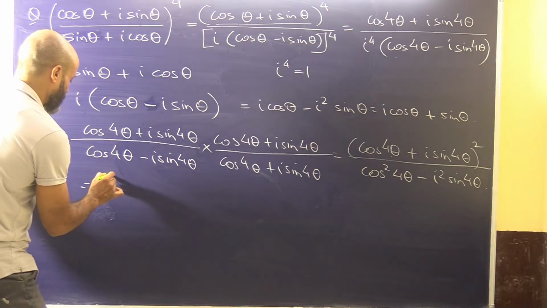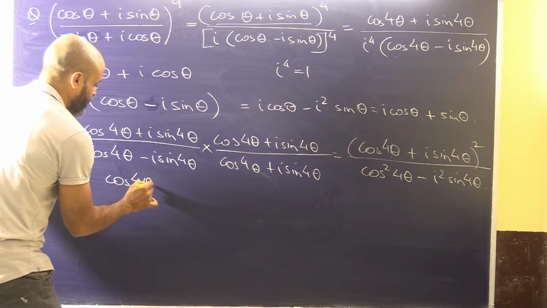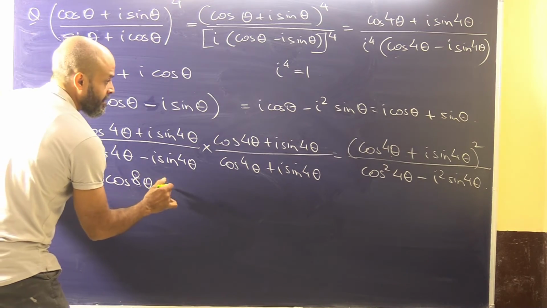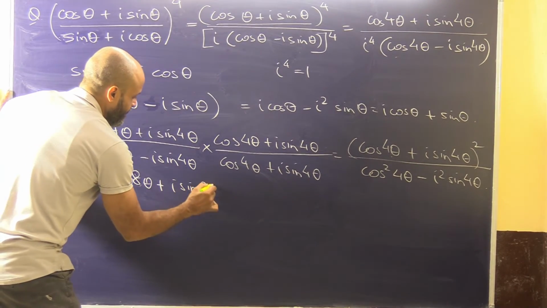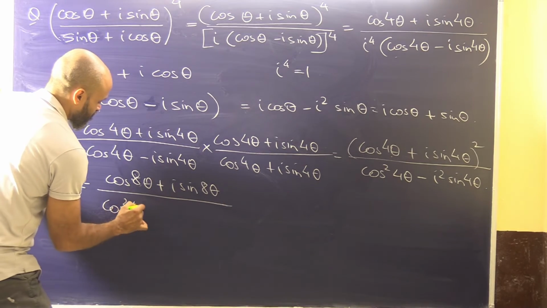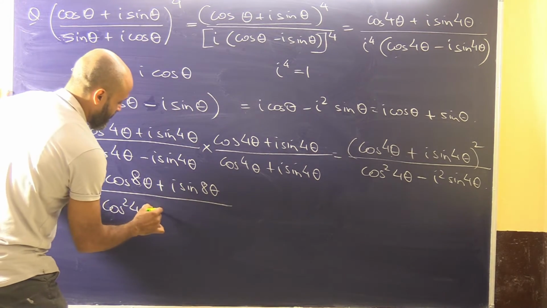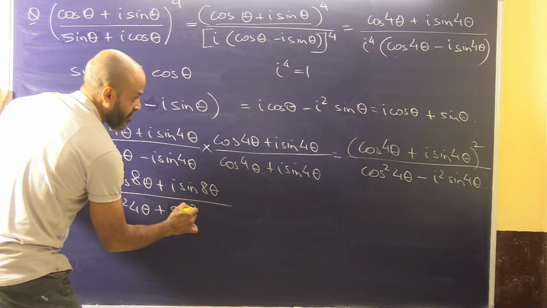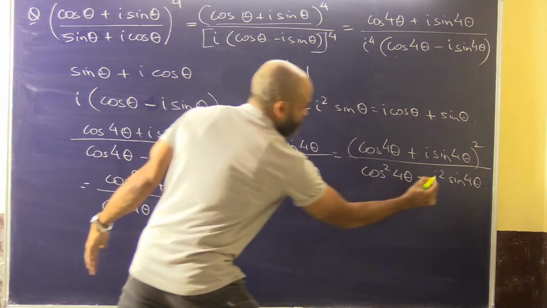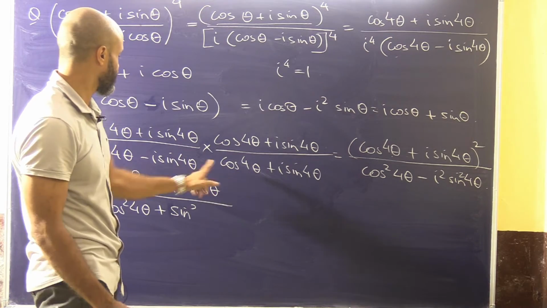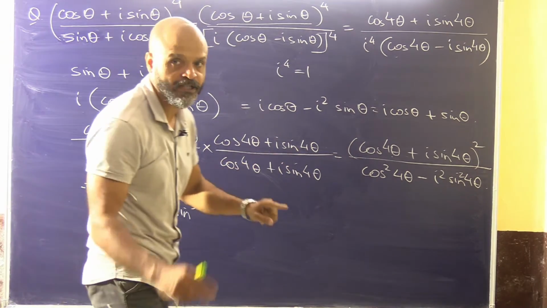Okay, now let's look at this one. This will be cos 4 theta plus i sin 4 theta, and this is a square basically. So this will be cos 8 theta plus i sin 8 theta upon cos square 4 theta minus i square sin square 4 theta. Oh, I'm sorry, this will be sin square, because this is in the format of a minus b into a plus b, the conjugate pair.